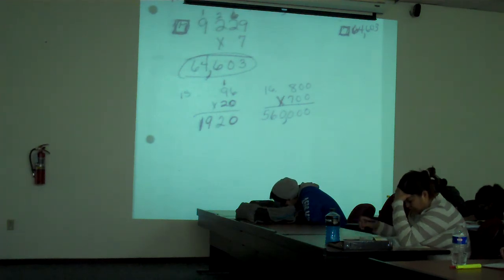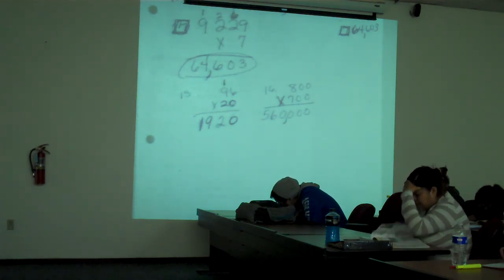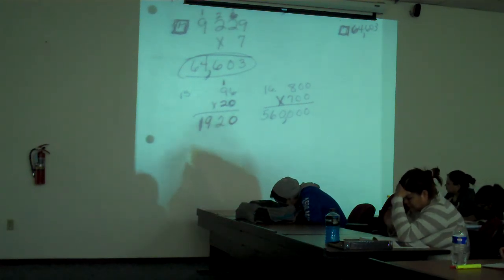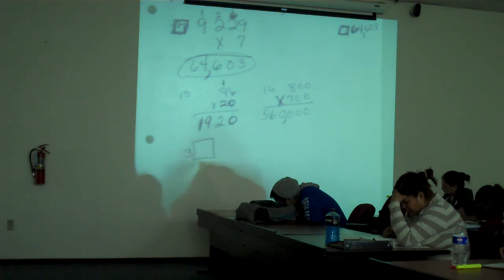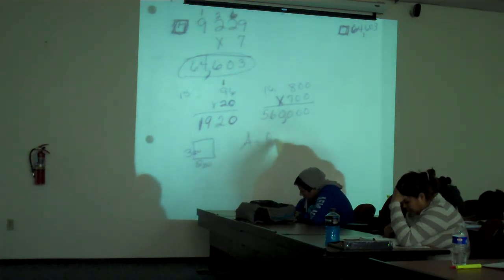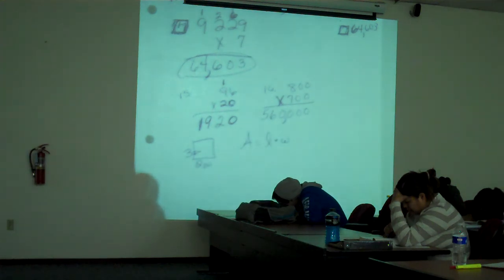Okay. If you're doing area of a rectangle, you have a rectangle that's 3, let's say this is in inches, and this is 2 inches. Area is always the length times the width. You're going to multiply the two numbers.